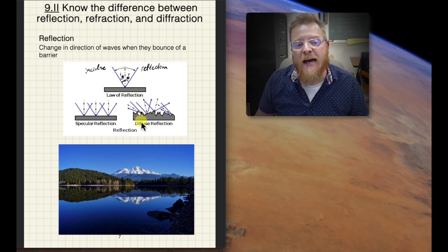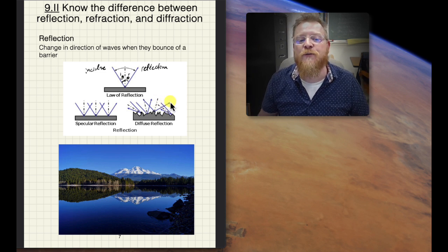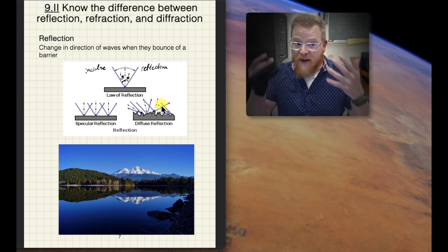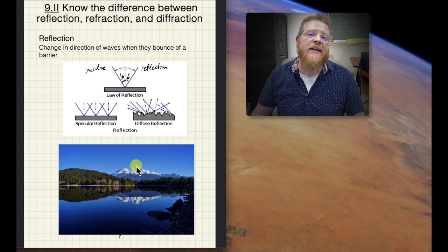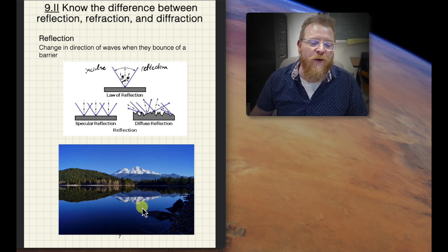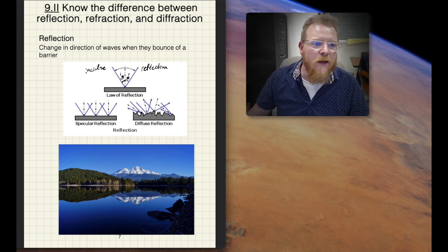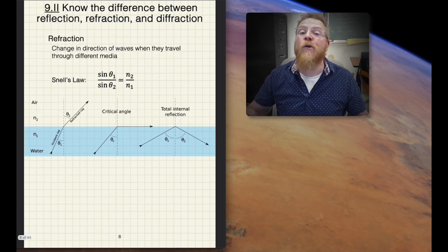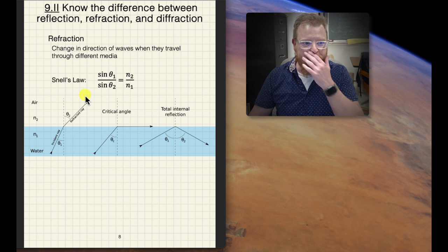If there's not an atomically smooth surface, we're going to get all of these different stray beams not making it right back to our eyeballs. Thus, we won't see this nice mirror image of the mountain when the lake starts to get a little choppy. So that's reflection.